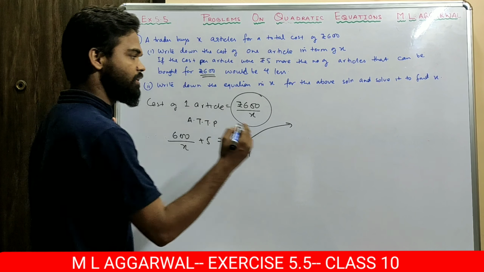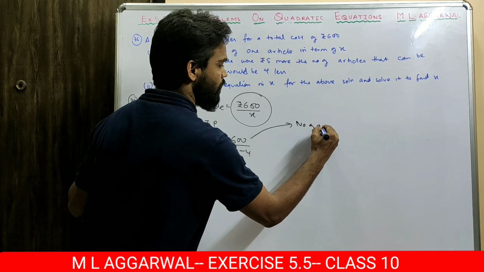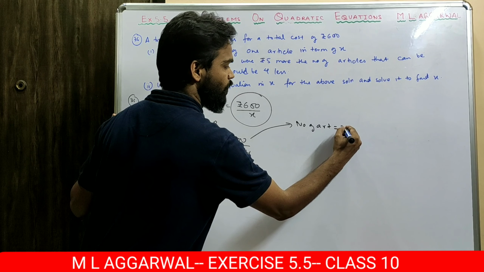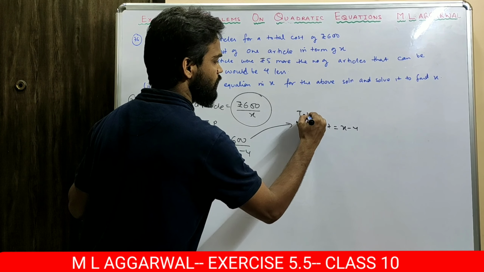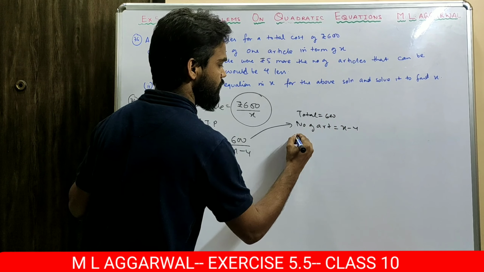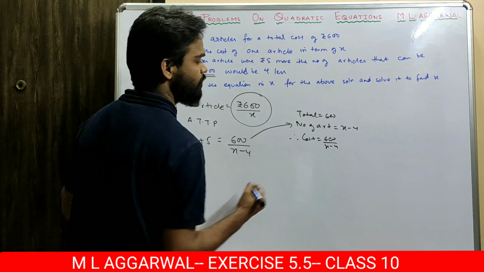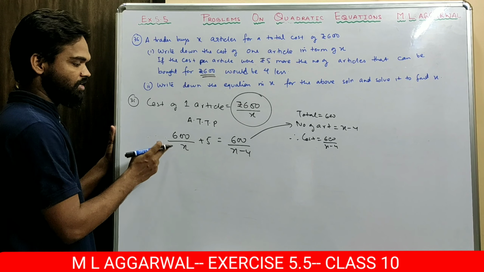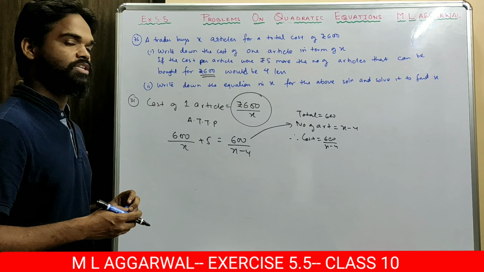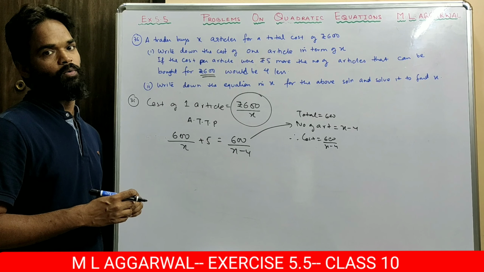In the second case, number of articles is x minus 4. Total you still have 600, therefore cost will be 600 by x minus 4, isn't it? Which means 600 by x plus 5 is equal to 600 by x minus 4.